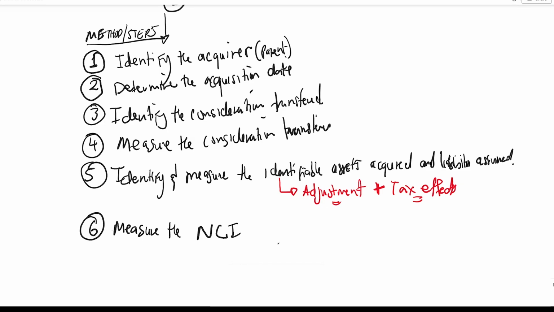Even if they own 10% or 15%, they are also owners, and we have to measure them. Now measuring these can come in 2 methods. It can either be measured at proportionate share, or it can be measured at fair value. When it's measured at fair value, that's when NCI will also have goodwill or excess.